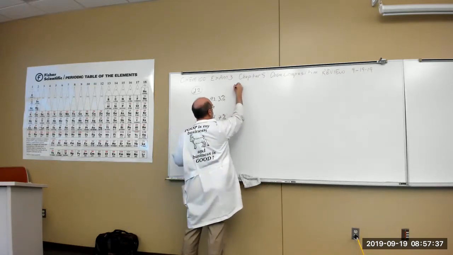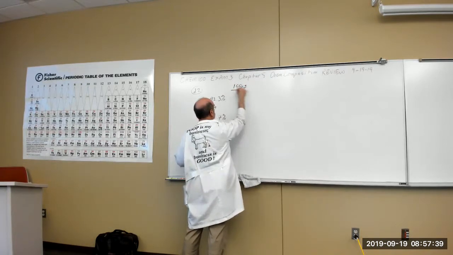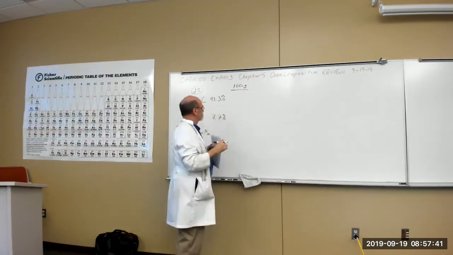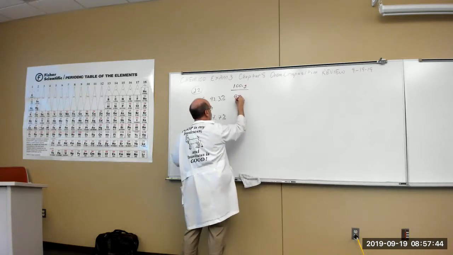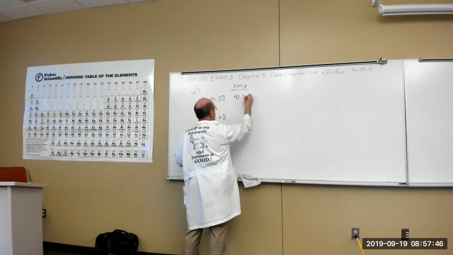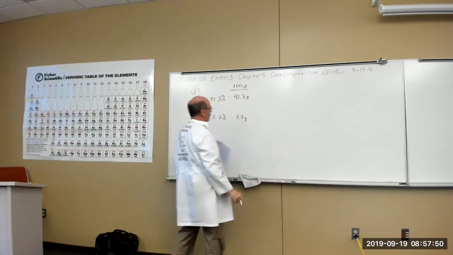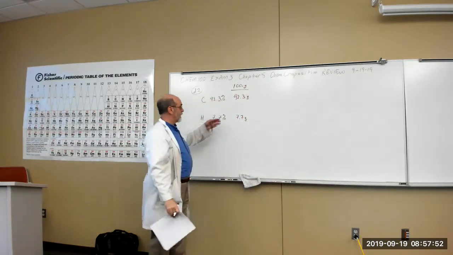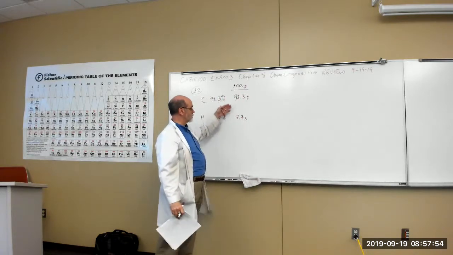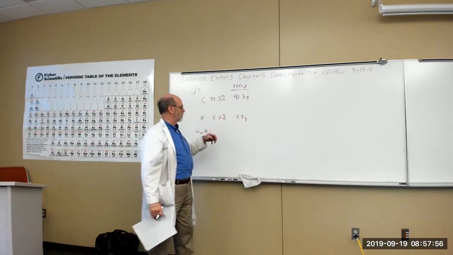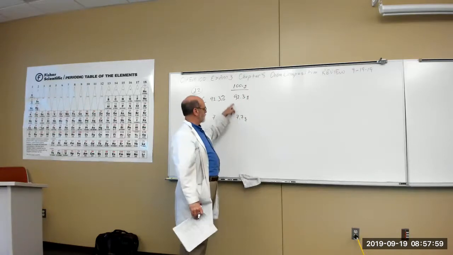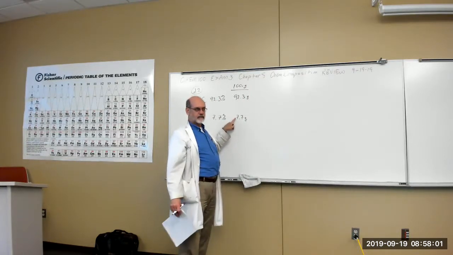So let's just assume we have a 100-gram sample. That's fair. 92.3 grams of carbon and 7.7 grams of hydrogen. We still have the correct mass ratio. How do I know? Well, what's the total mass here? 100 grams, right?